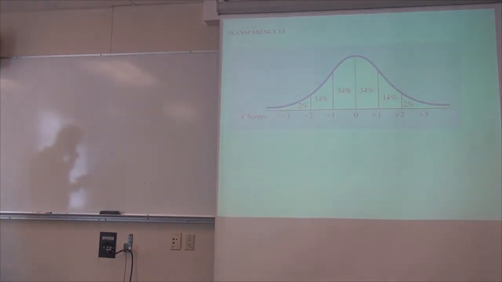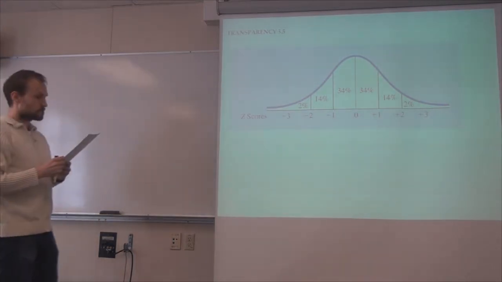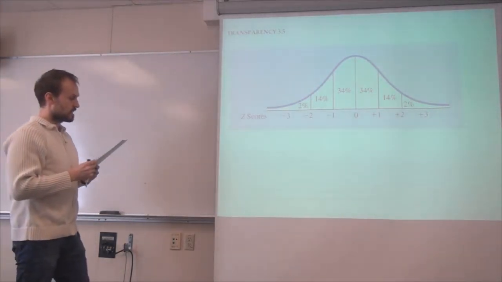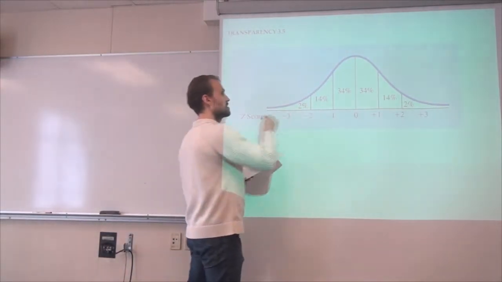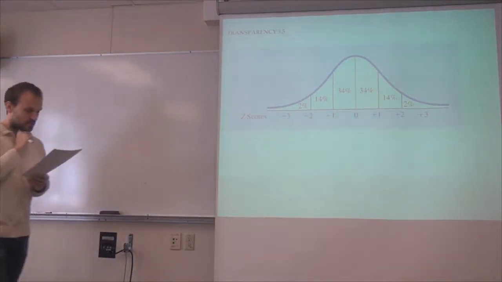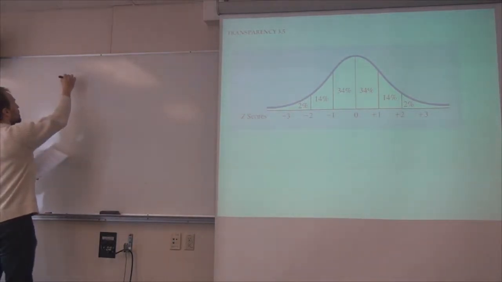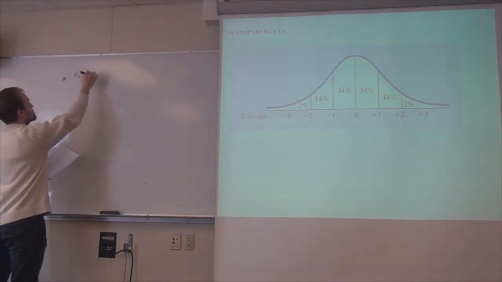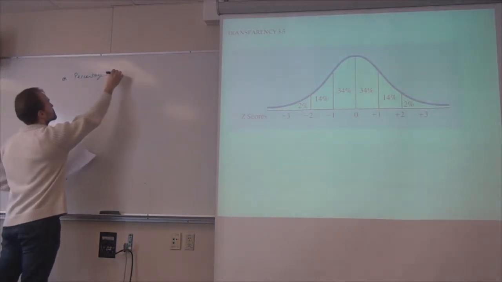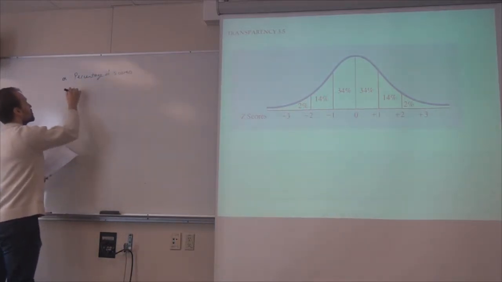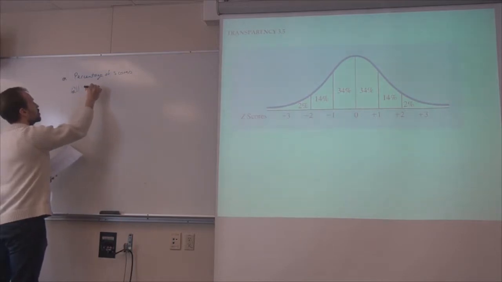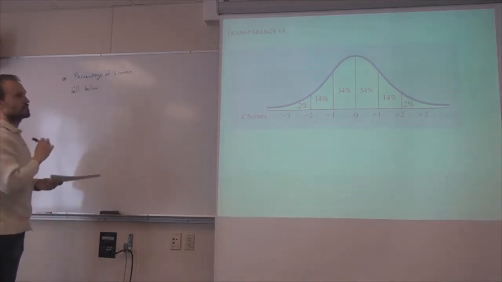Okay. So if I've asked my different example questions with percentages falling between different Z values, if I have other values in question, for example, what percentage of scores fall below, let's say, or below is fine.